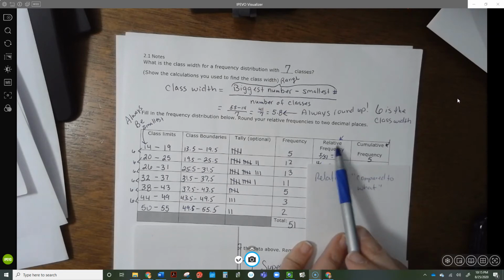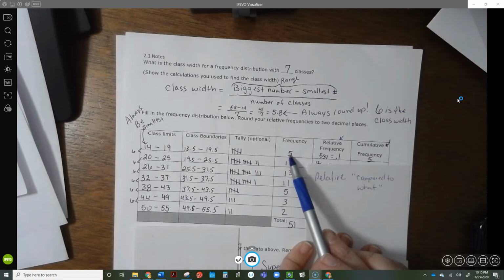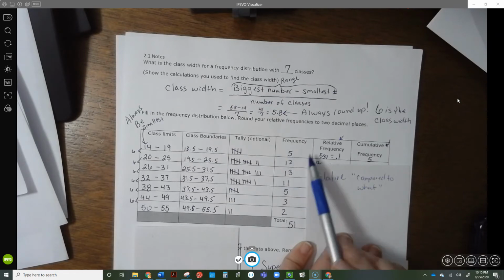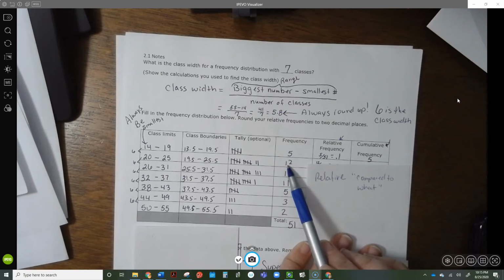Okay, so relative frequency means you're telling me that there was 5 of them, but the number 5 all by itself, I don't know if that's a lot of the outcomes or if that's just a few of the data points. Is 5 a lot of the data points, or is 5 just a few of the data points? I see this next category right here was 12, but still, if I'm dealing with 1,000 data points, 5 is really small, 12 is really small.